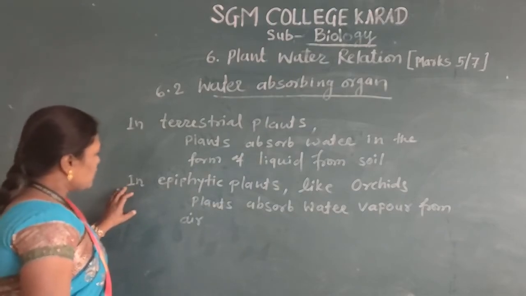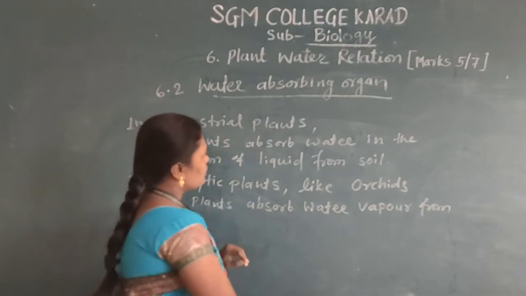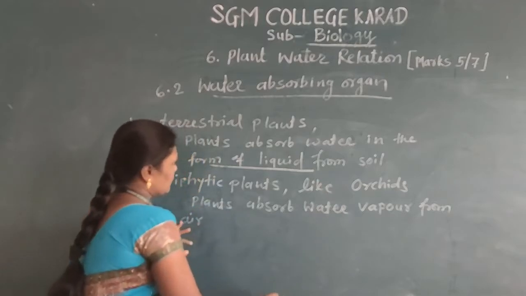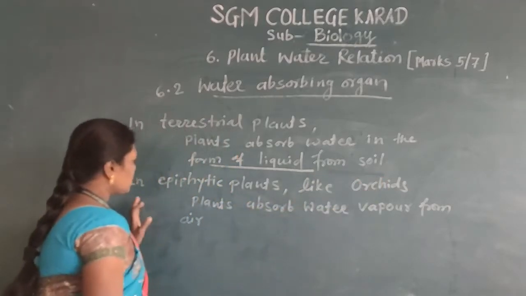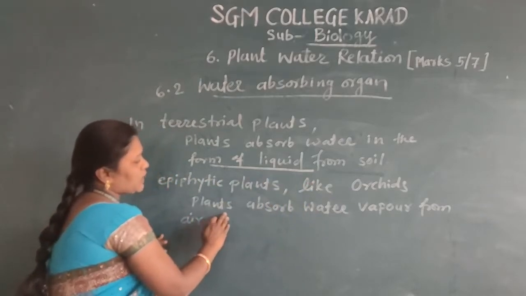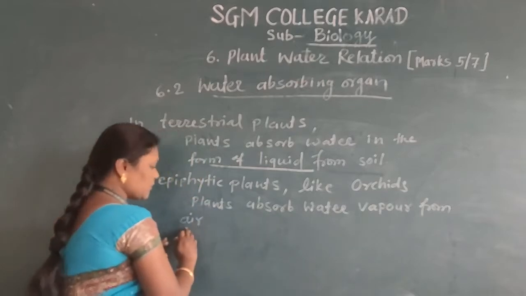So in terrestrial plants absorb water in the form of liquid from the soil, but in epiphytic plants like orchids absorb water vapor from air.